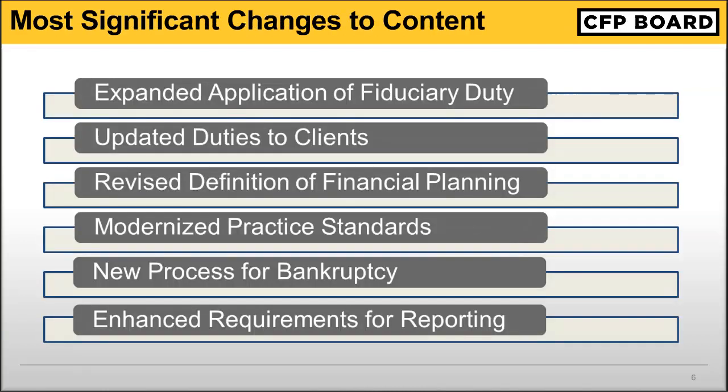So the most significant changes to the content are the expanded application of the fiduciary duty, the updated duties to clients, a revised definition of financial planning. There's been some changes to the practice standards that we believe make them more modern. There's also a new process for bankruptcy, and there are new enhanced requirements for reporting.